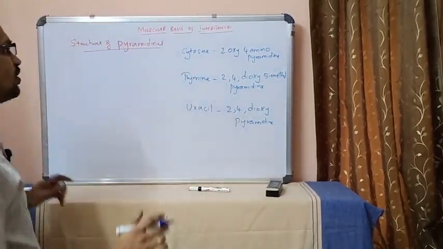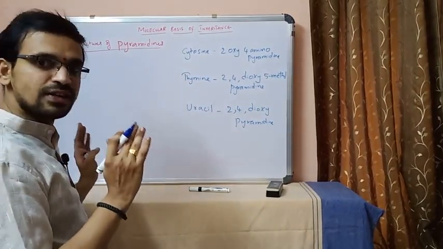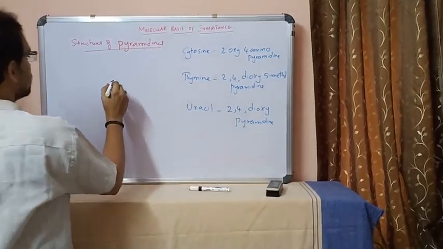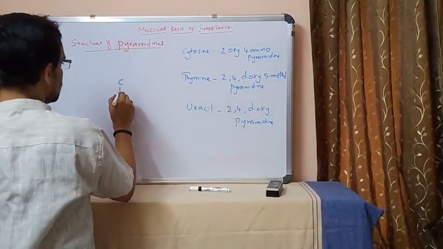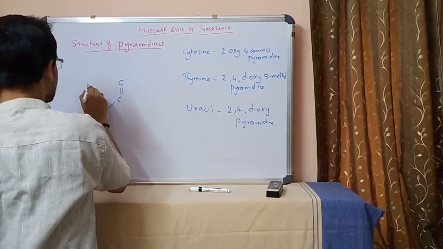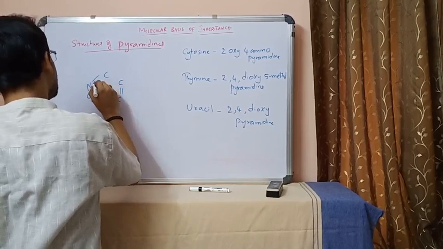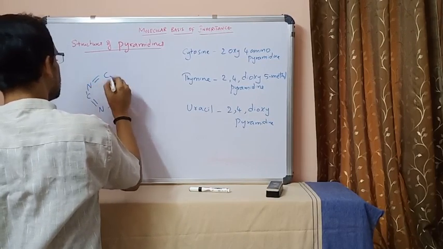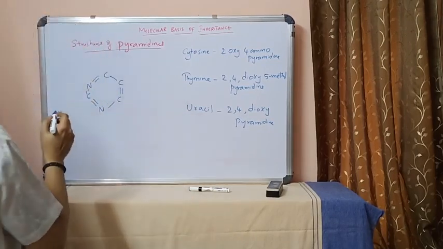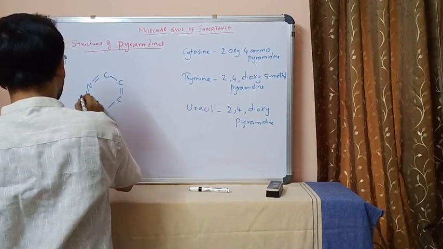Let us see the structure of cytosine. So first we should draw the general structure of pyrimidine. Numbering should be in the clockwise manner.